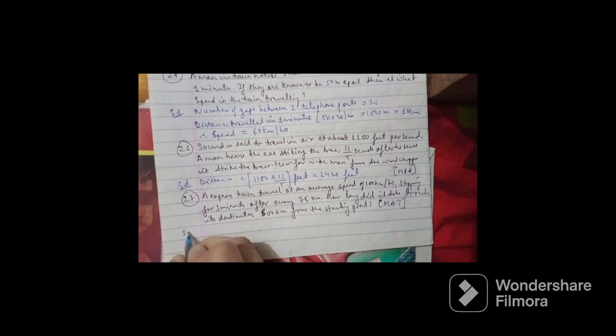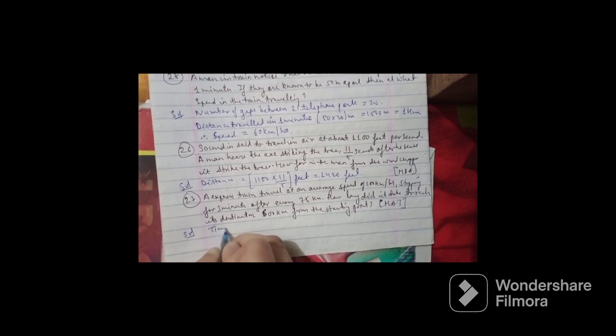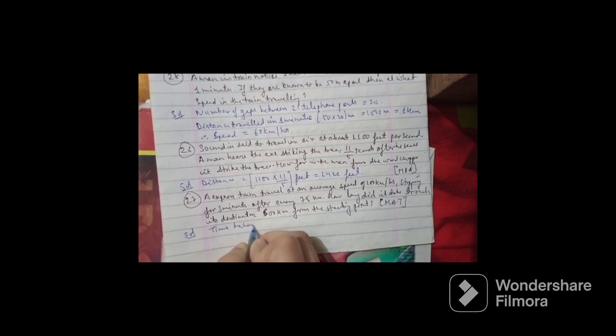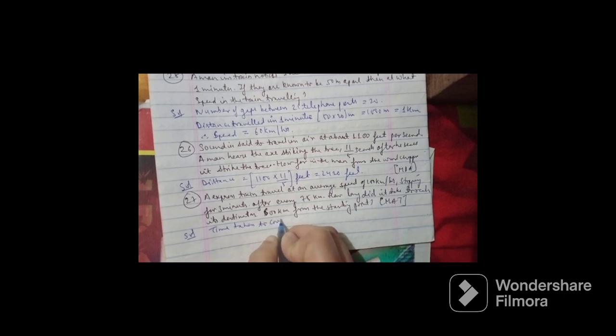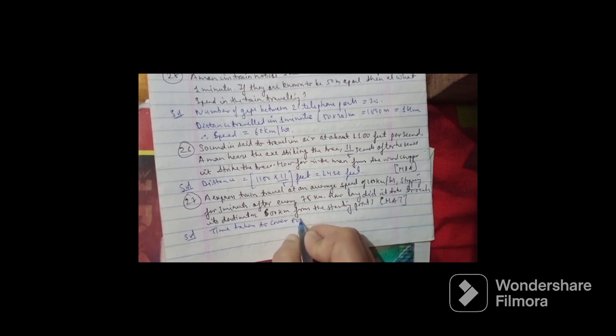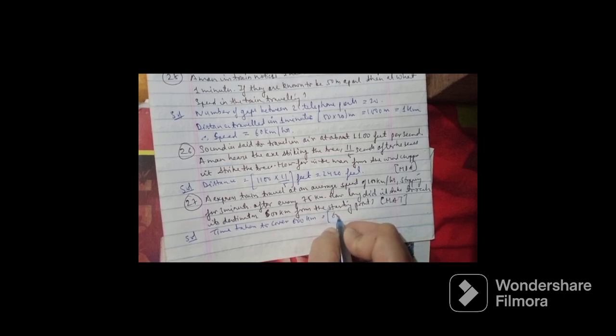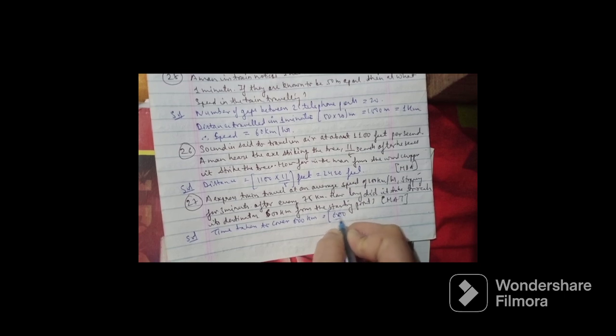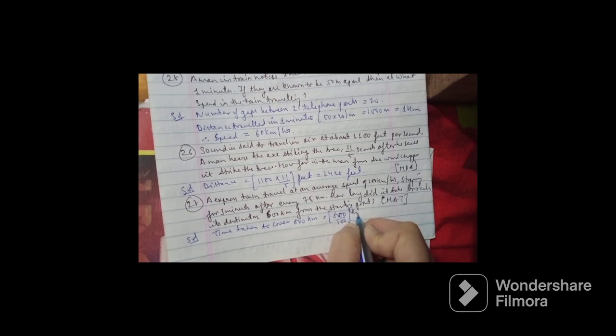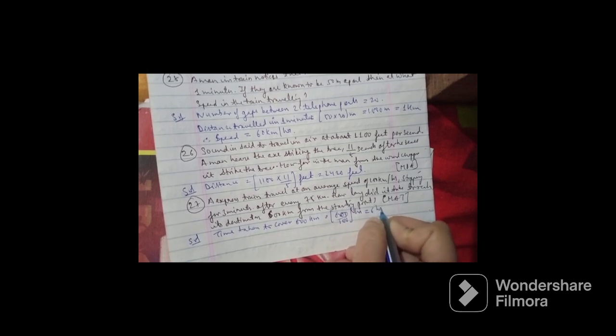Time taken to cover 600 km equals 600 upon 100 hours, which is equal to 6 hours.